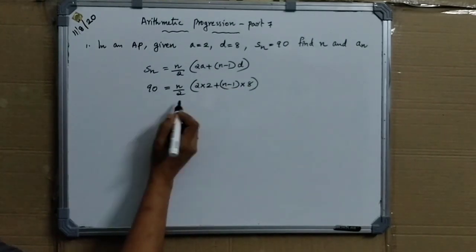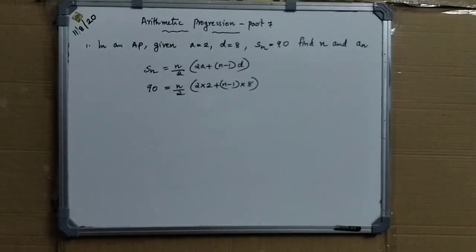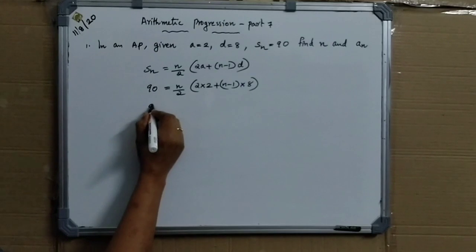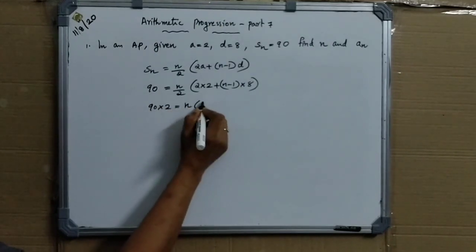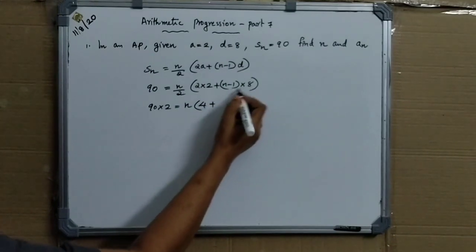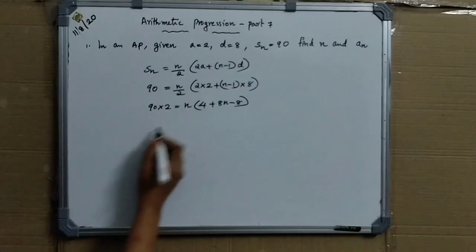Now we can solve for n. Here there is only one unknown, that is n. So rearrange the numbers. 90 into 2 equal to n into (4 plus, now remove the bracket, 8n minus 8, multiplying with the 8).